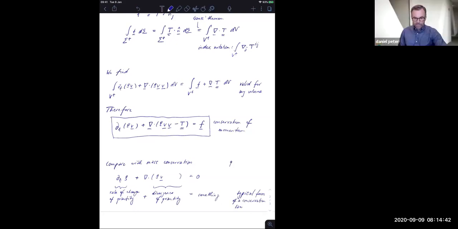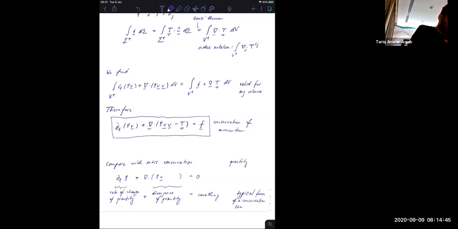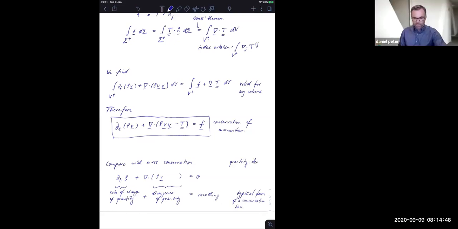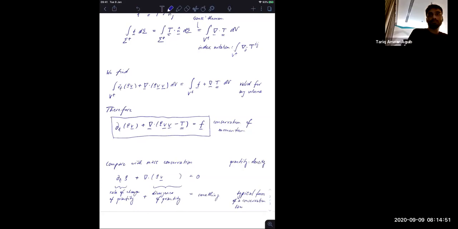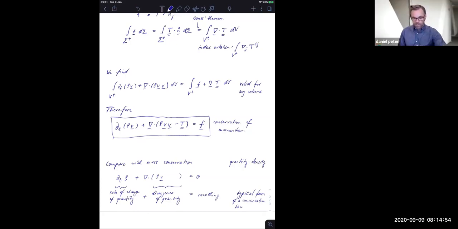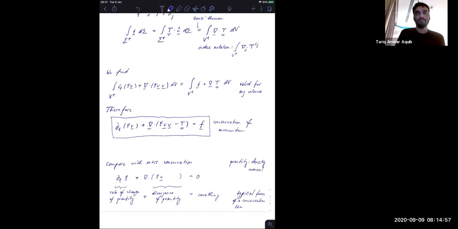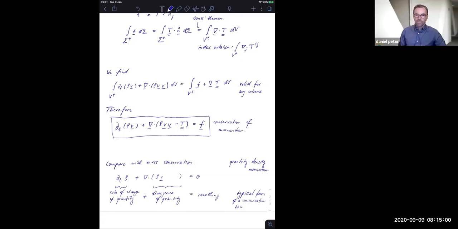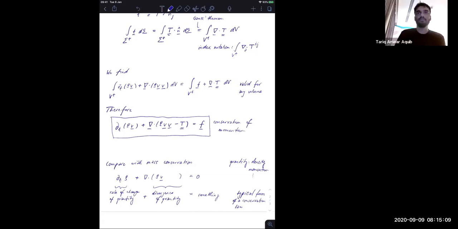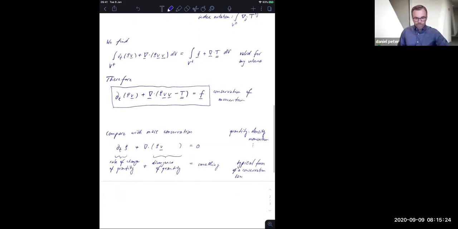And you will see that the quantity can be density, for example. Then we have conservation of mass. It can be momentum. Then we have conservation of momentum. And we keep on doing that with angular momentum and with energy. Good. So that was just a little excursion.